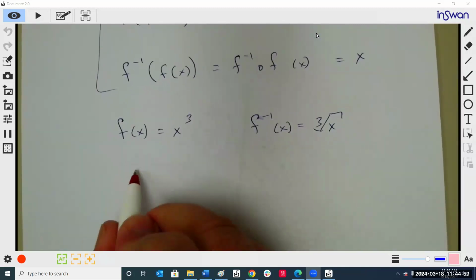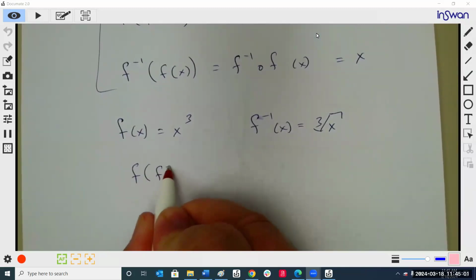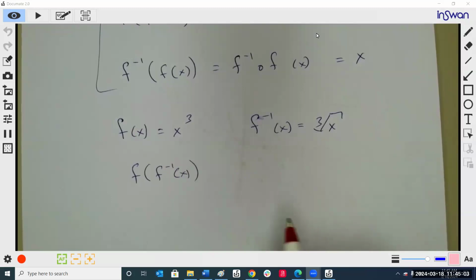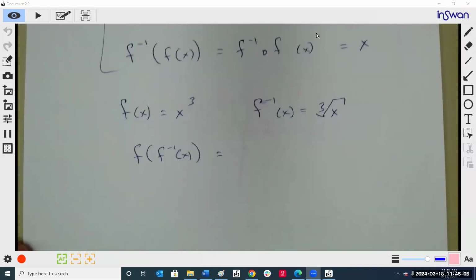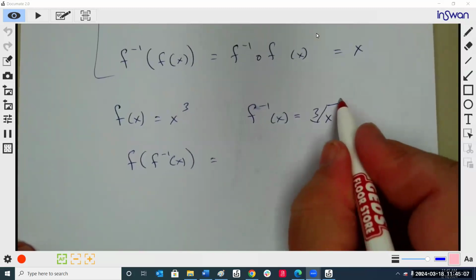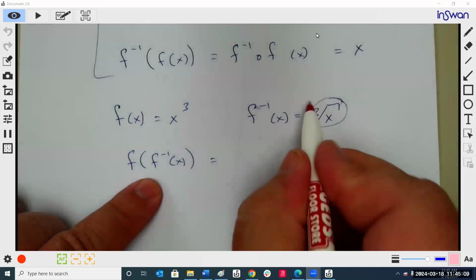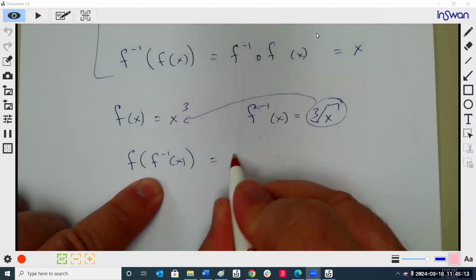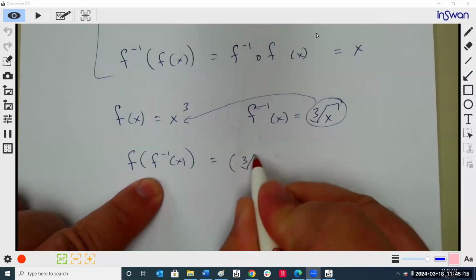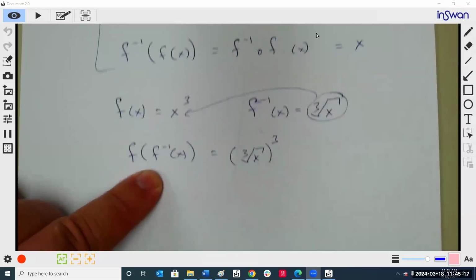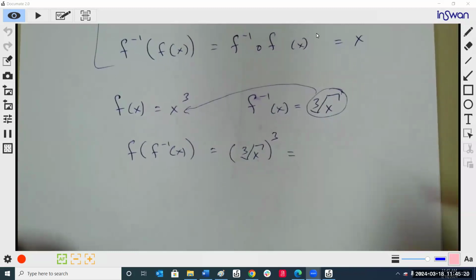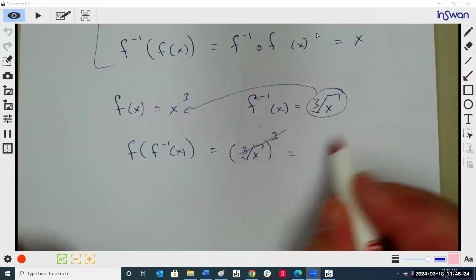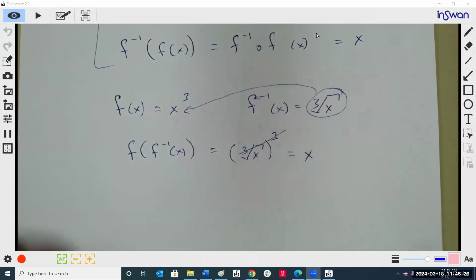So we'll have f of f inverse of x. That means this goes inside here. What does that equal? The cube and cube root cancel. We have x. That's check.